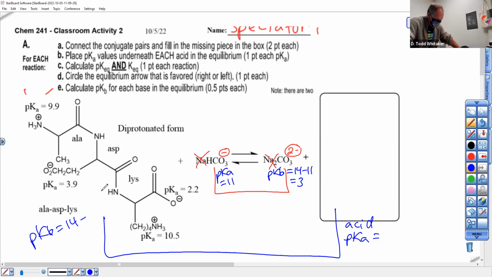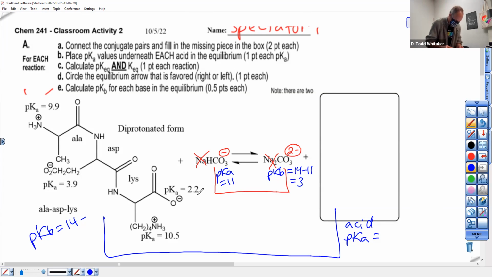Oh, I'm using the wrong number. Which one's a stronger base? 10.1 for the pKb right here, or 11.8? 10.1, the lower number is the more reactive one.